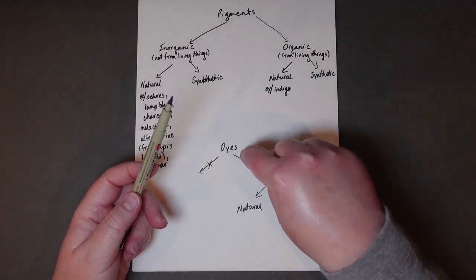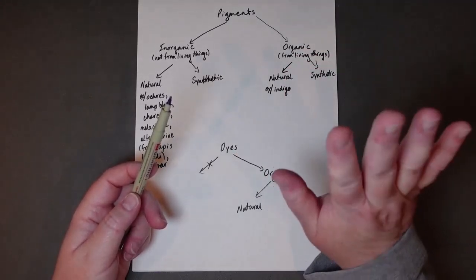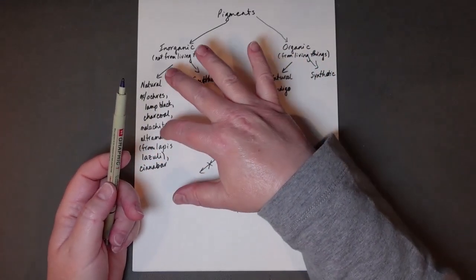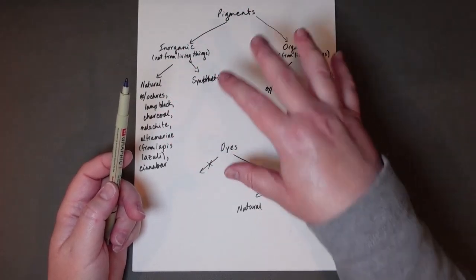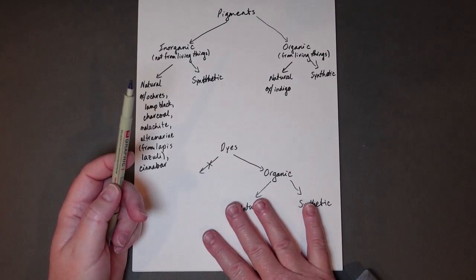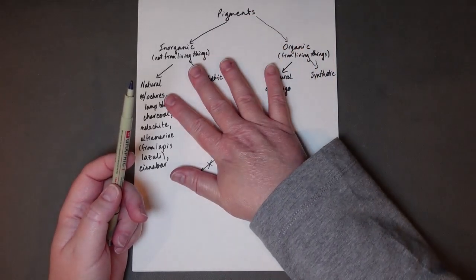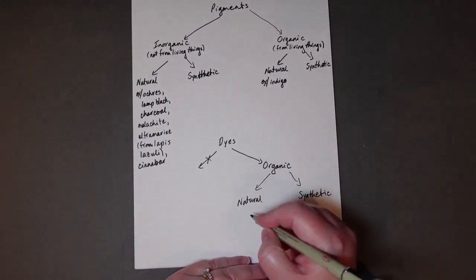Because remember, dyes are supposed to soak into whatever you're putting them on. They don't sit on the surface. Pigments sit on the surface. So in those ancient times, your colors were limited. Even though they could make a lot of colors, the colors were limited in terms of what they could use as pigments. So they had beautiful natural dyes.